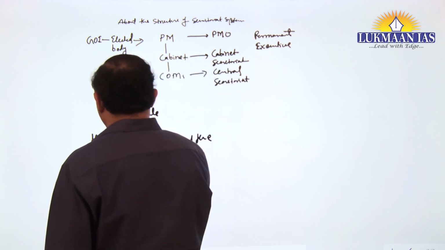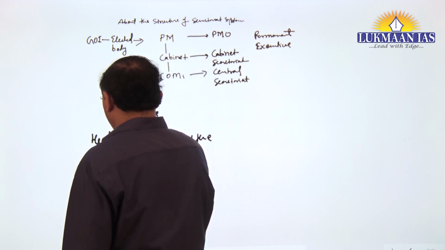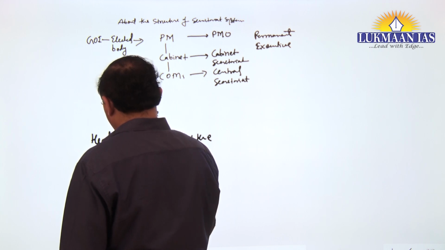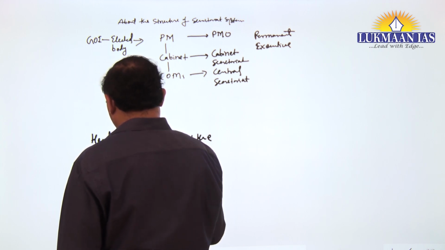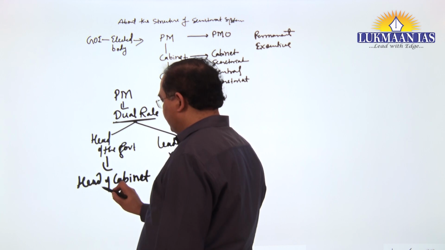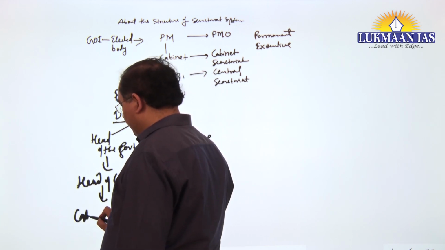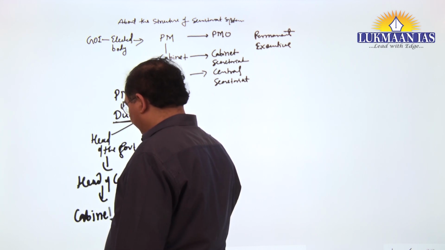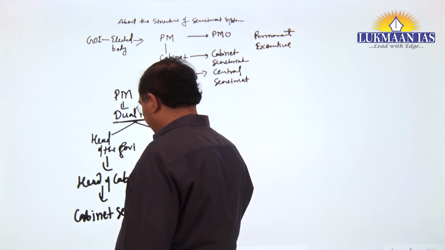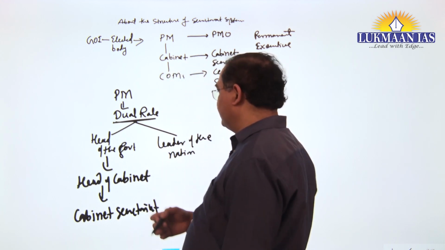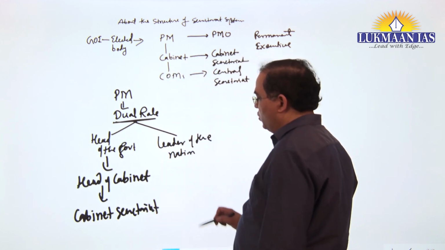Now, as head of the government, he is head of the cabinet, and in this capacity he gets assistance from the Cabinet Secretariat, which we will cover when we take the PMO.